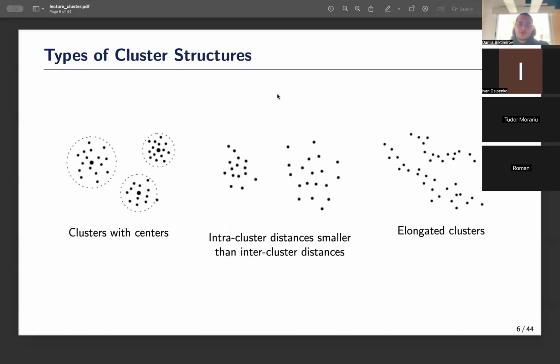Let's try to compile a registry of different types of cluster structure that may arise in practical tasks. First, densifications: intra-cluster distances are generally smaller than inter-cluster distances.